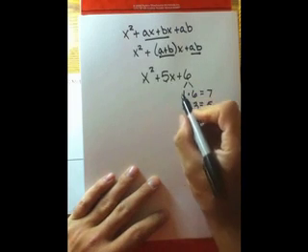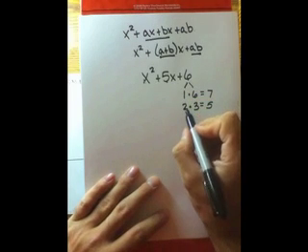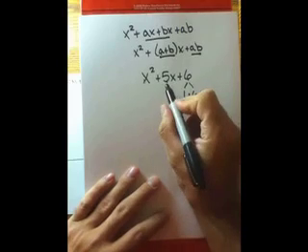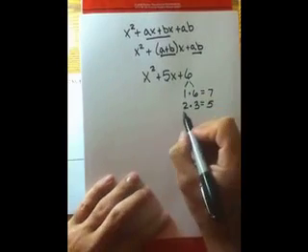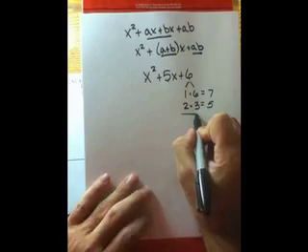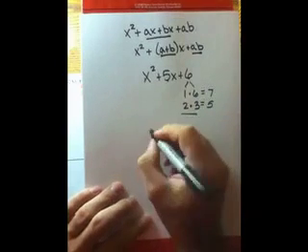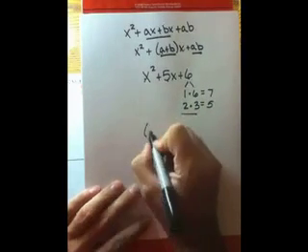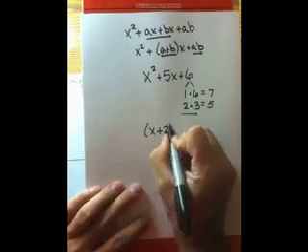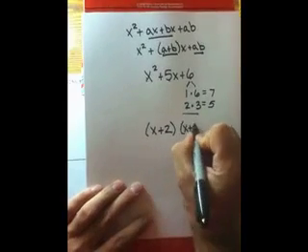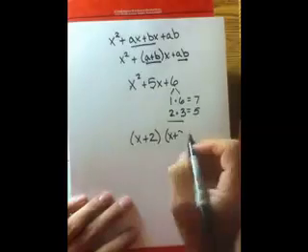And 7 does not equal 5. However, the two factors 2 times 3, when added, would give us 5. So, these two work. So if we use those to factor out into binomials, we would see that we have x plus 2 and x plus 3, which would be our two binomials.